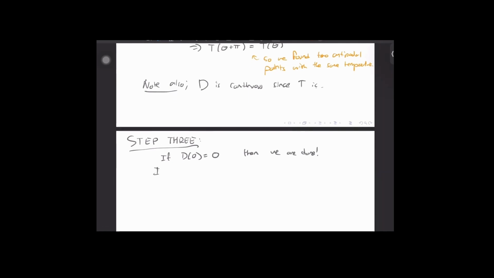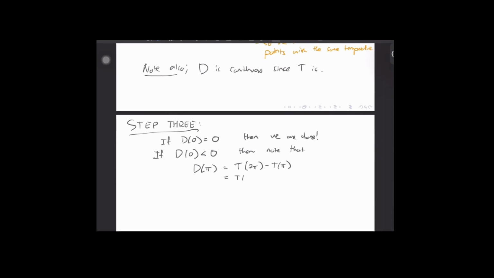Okay, so what about if 0 is not a zero for d? Let's just assume that d of 0 is negative. It doesn't really matter. The same argument works in reverse if it's positive, but let's stick with it being negative for now. Then we can note that d of pi is T of 2 pi minus T of pi, which we saw was T of 0 minus T of pi.